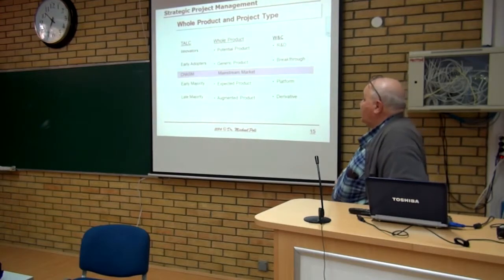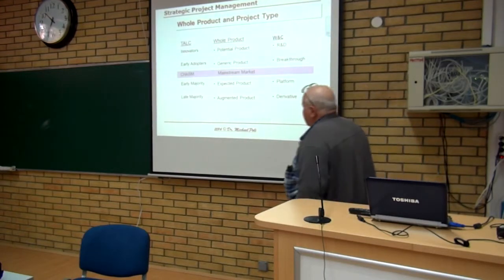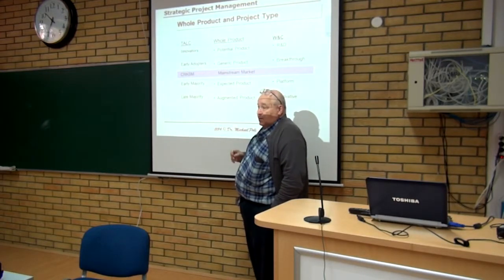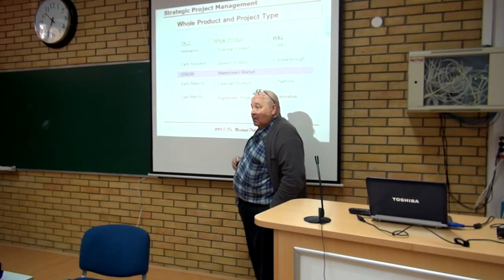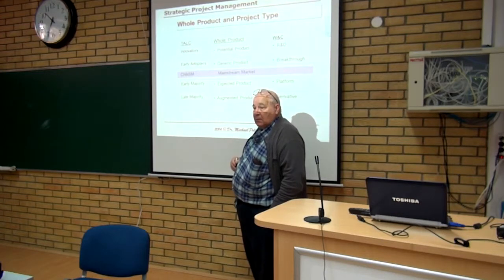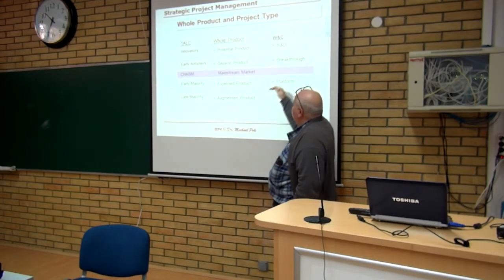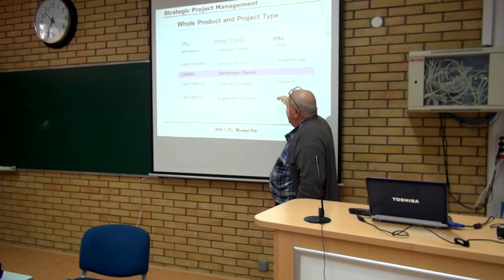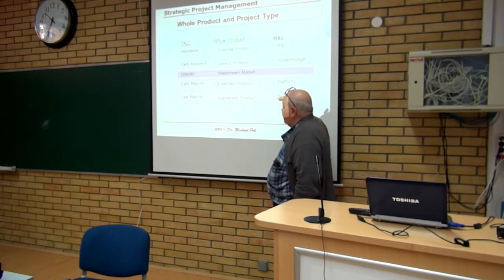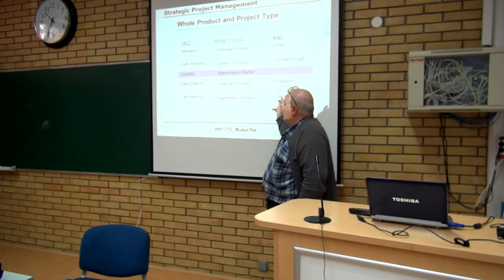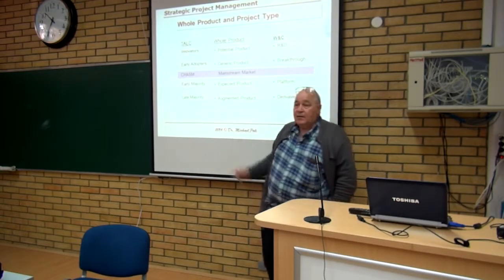So if I have a customer that is late majority, they're going to what? Wait to get their product until the platform is well developed and now new derivatives are being added to the platform. So they're waiting for the augmented product.